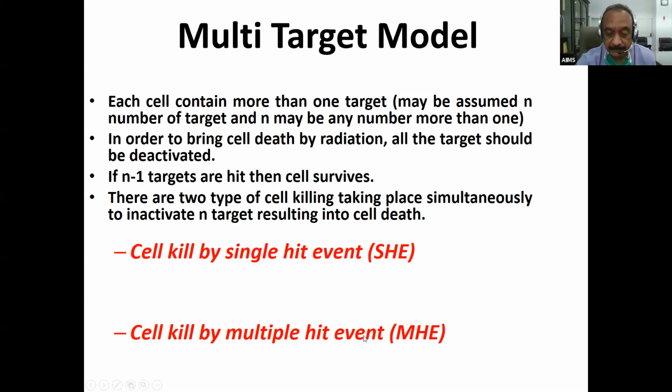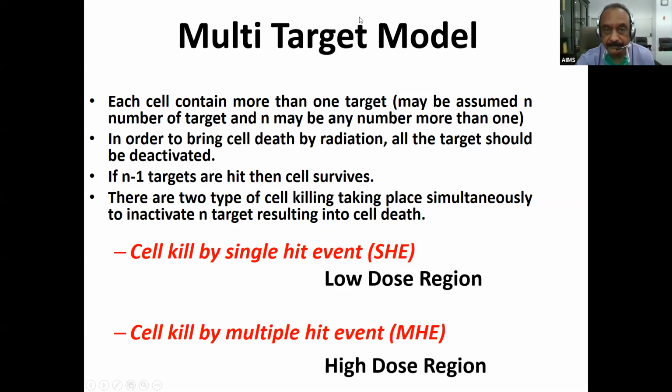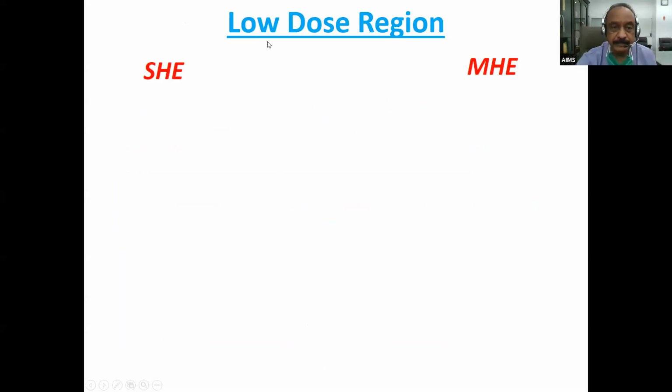In multiple hit events, we need multiple hits to deactivate the N number of targets. The single hit event is mainly seen in the low dose region, and multiple hit events are mainly seen in the high dose region.